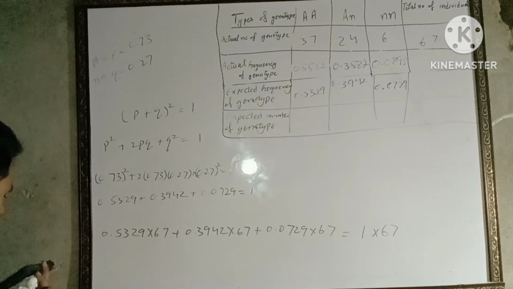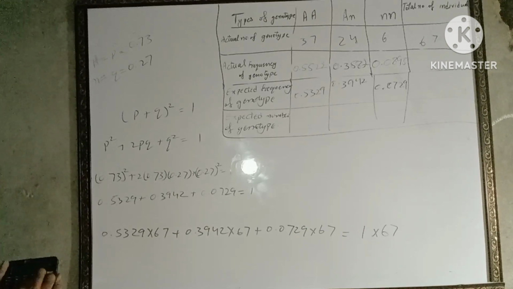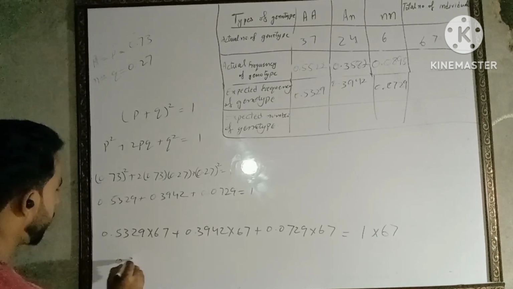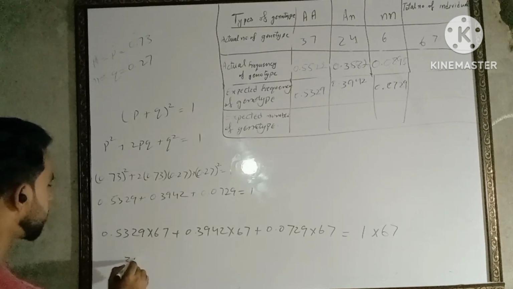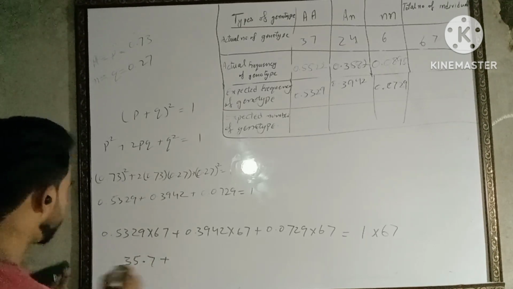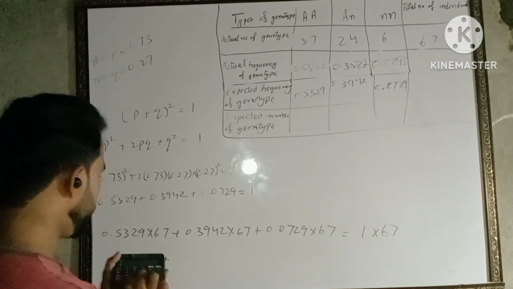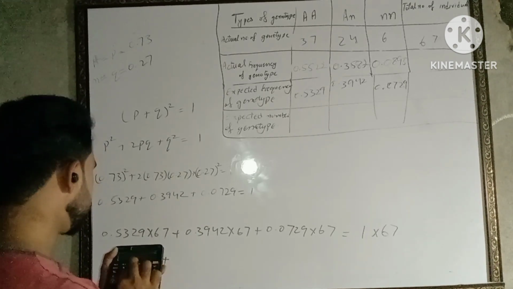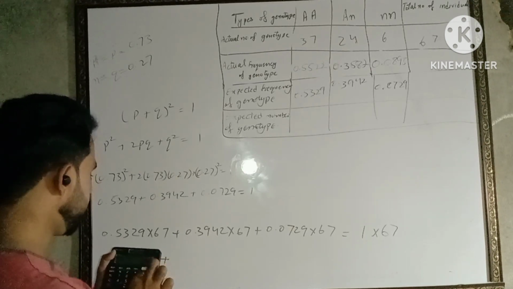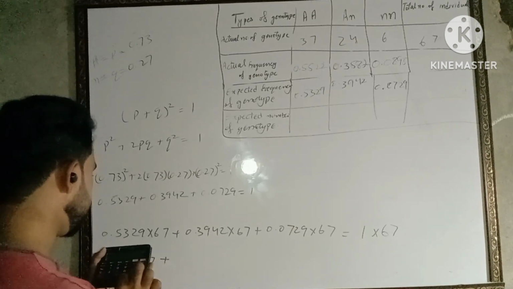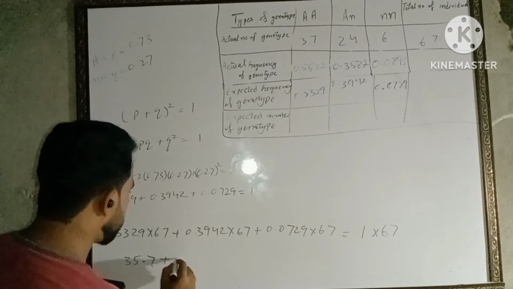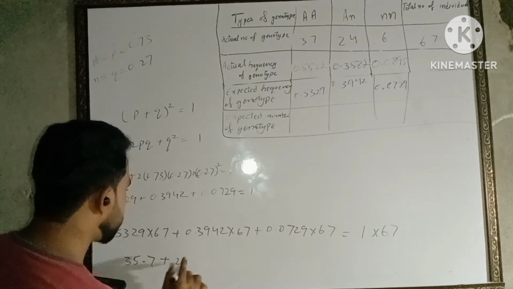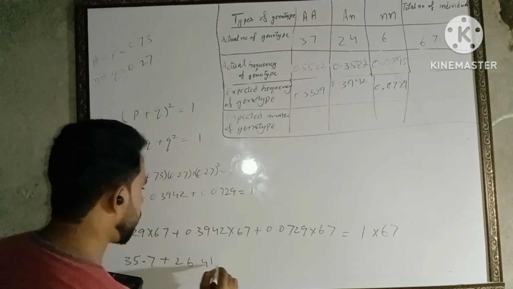It will be 0.5329 multiplied by 67, that is 35.7, plus 0.3942 multiplied by 67, that is equal to 26.41.